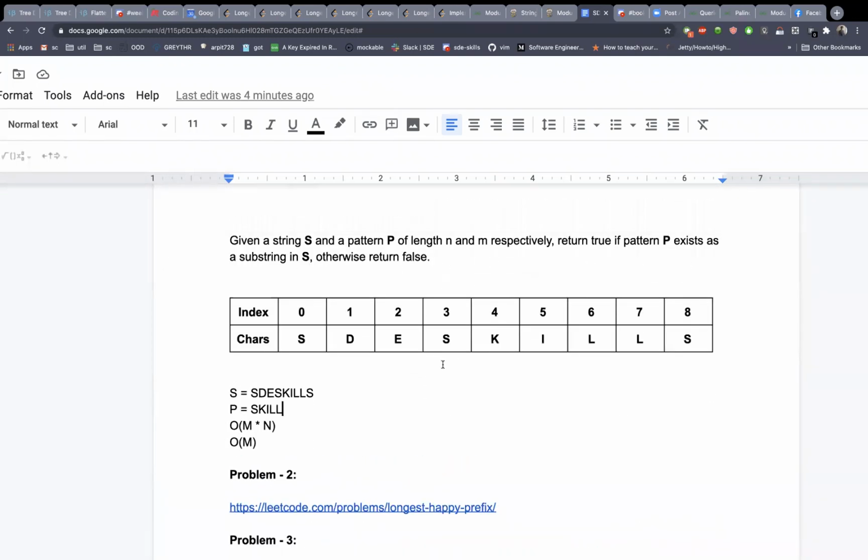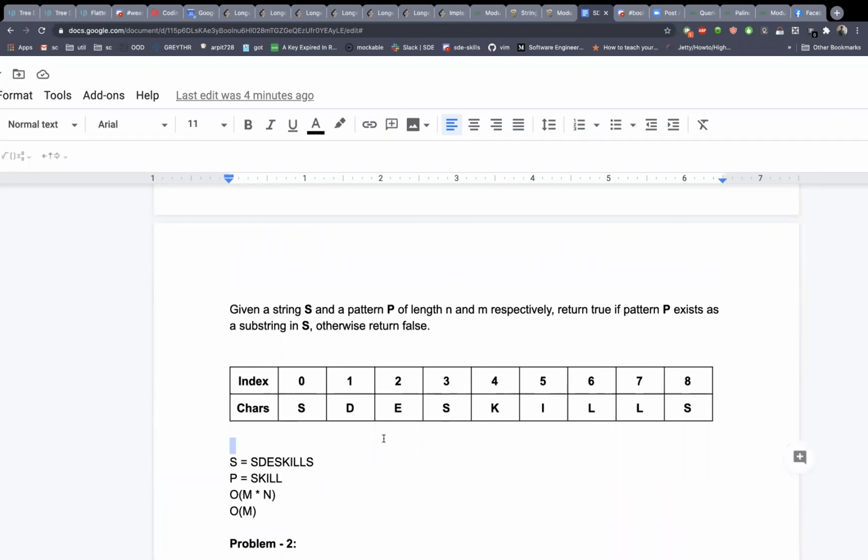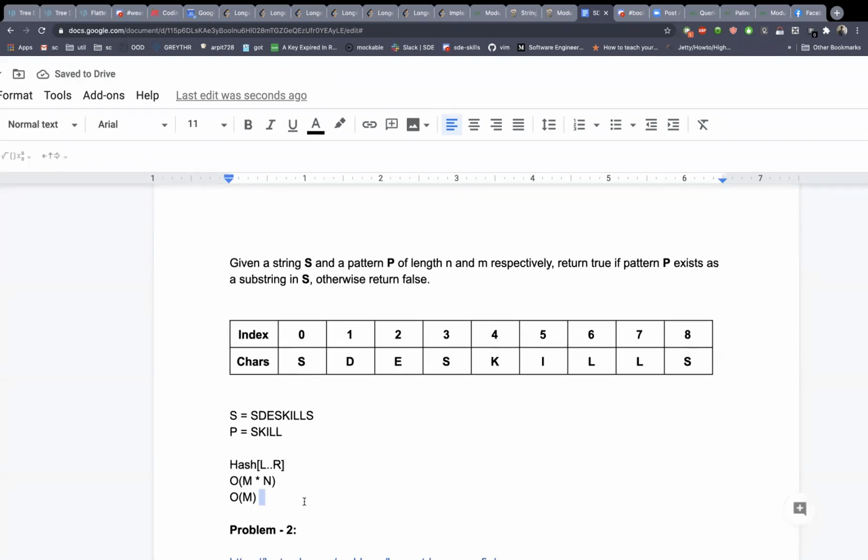As we have discussed earlier, now we know a method to calculate the hash of any subarray, say from L to R, in constant time, because we have already calculated the hash array, right? So now we can maintain one set of integers, and we will call it just hash, or say visited hash.